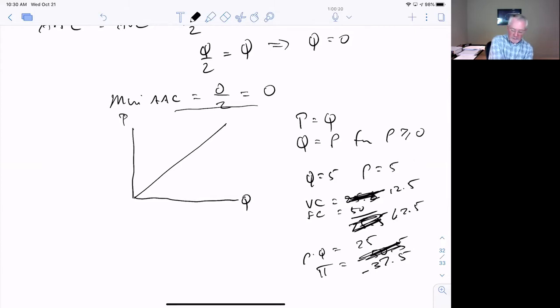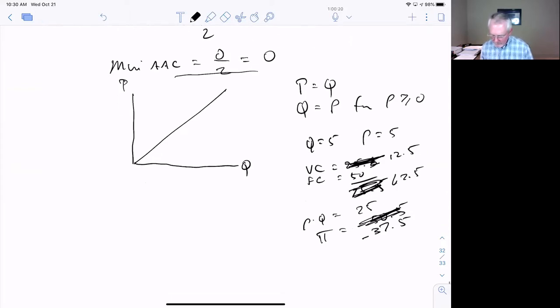If he shut down, his profits would be minus 50. So he is covering his avoidable cost, in this case, they're all variable costs, by selling units. And notice, his revenues equal, we said 25, excuse me, 5 pizzas at $5 each, and his variable costs are 12.5.